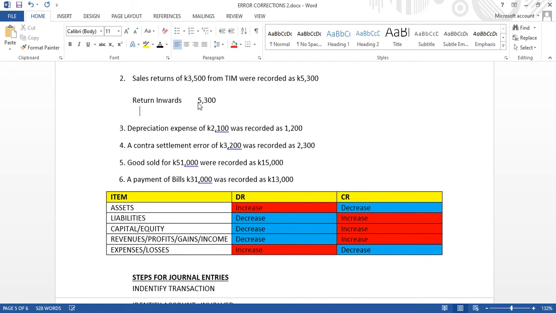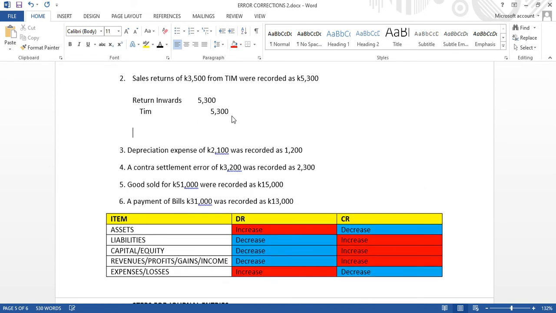And Tim, who is our receivable. A reduction in a receivable, which is an asset, you credit. So credit Tim 5,300. This is the error that was made, and we have to correct it.